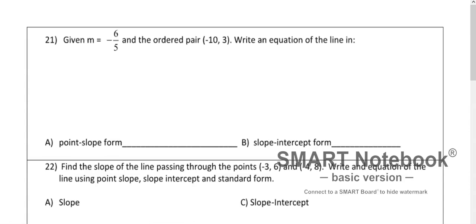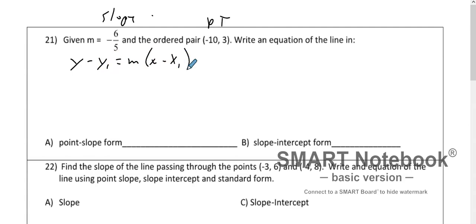All right, number 21. Given m and an ordered pair. So we're given a point and we're given slope. Maybe point slope form? All right, which is A. So remember, the form is y minus y1 equals m times x minus x1.